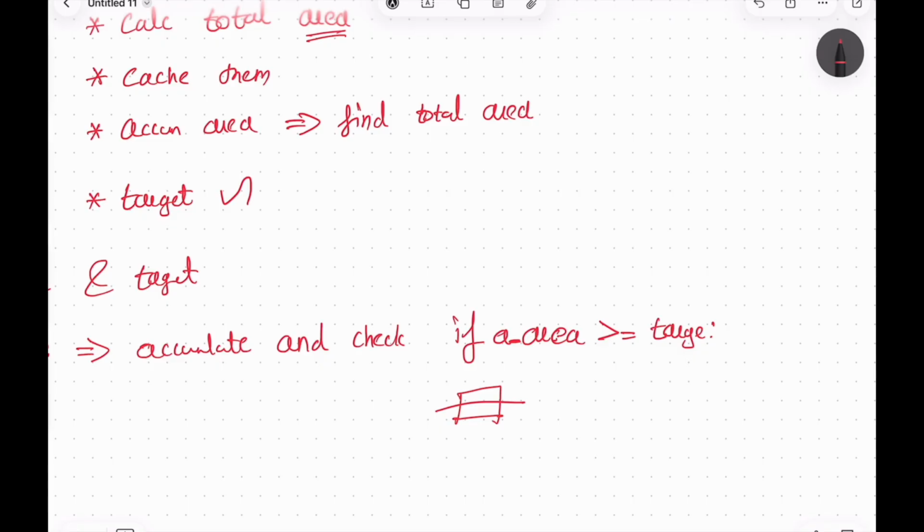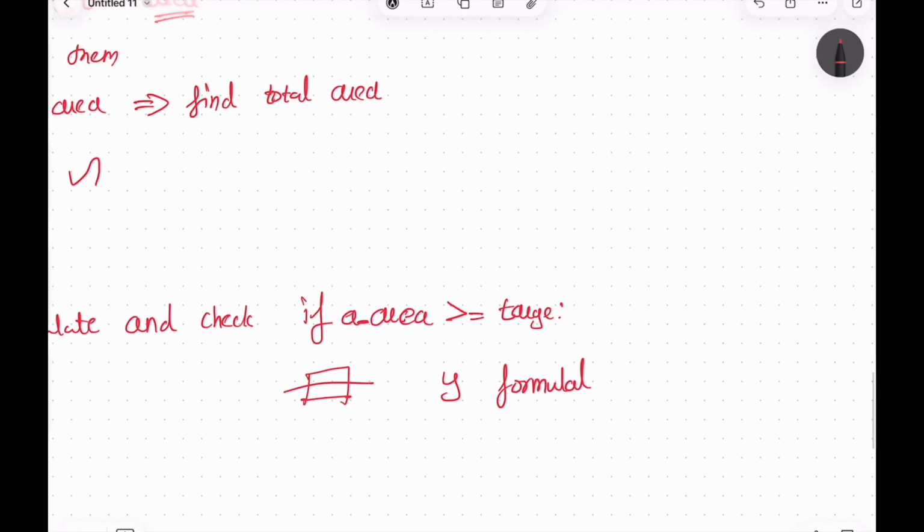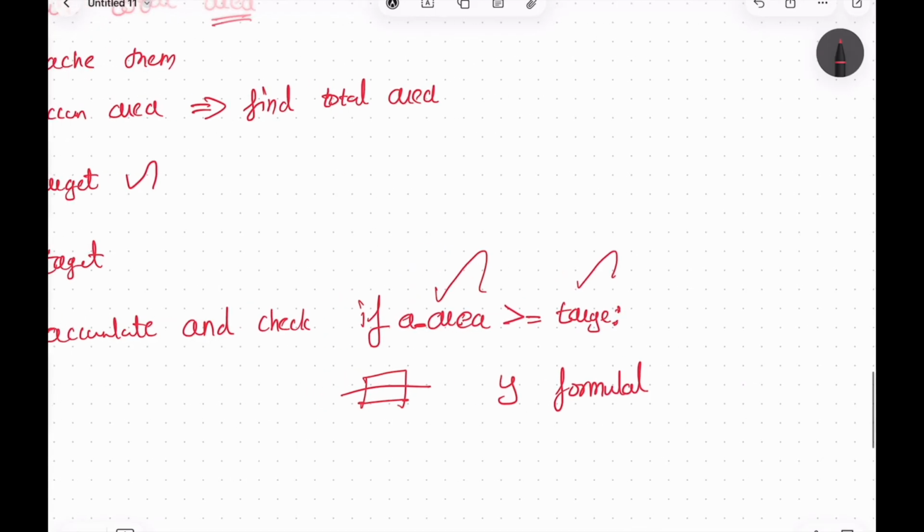So then substitute in the y formula, and you have two areas available, which is target and the accumulated area. Subtract them and substitute them in that, and you have height also available, because for the respective area you will have the height stored in the cache, right?